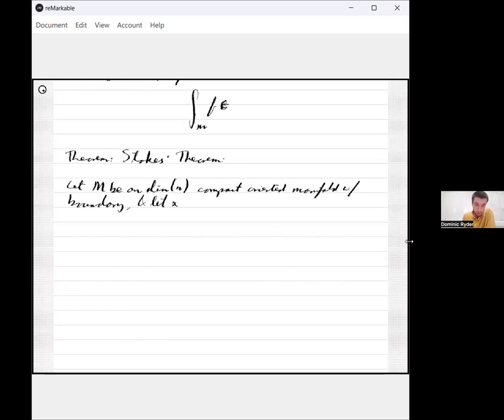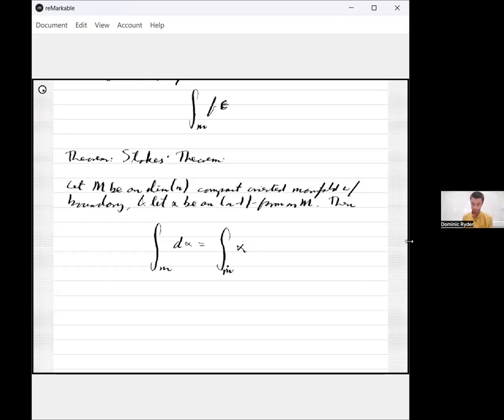And let alpha be an n-1 form on M, then the integral over M of the exterior derivative of alpha is equal to the integral over the boundary of M, where I use a dot to represent the boundary, of alpha.